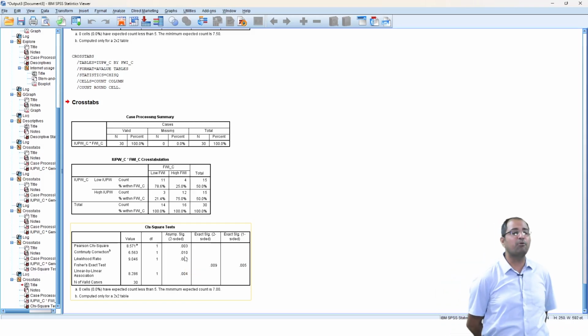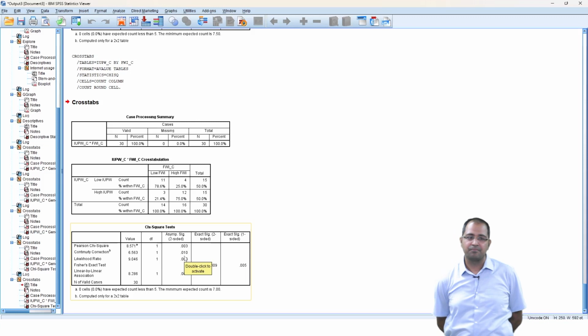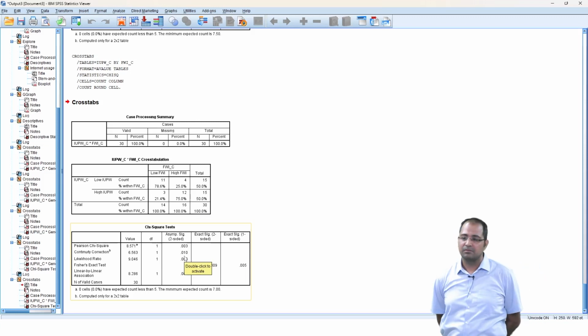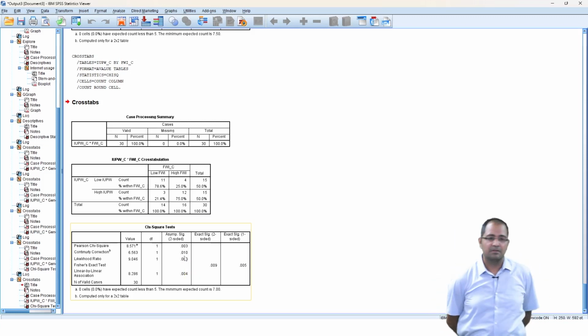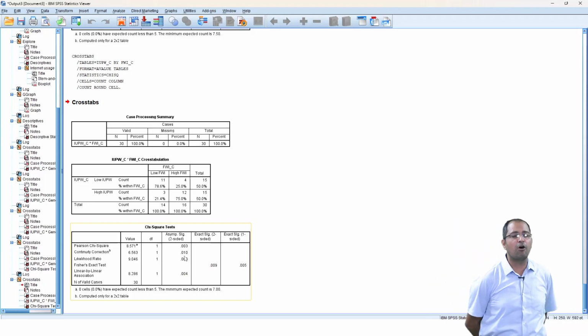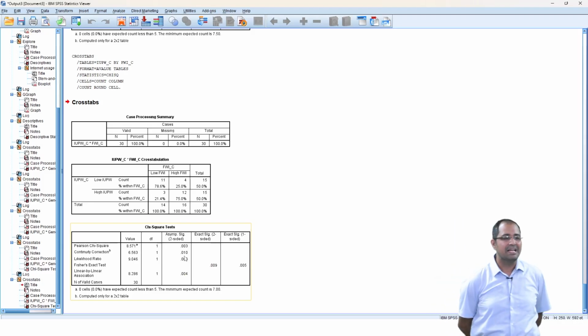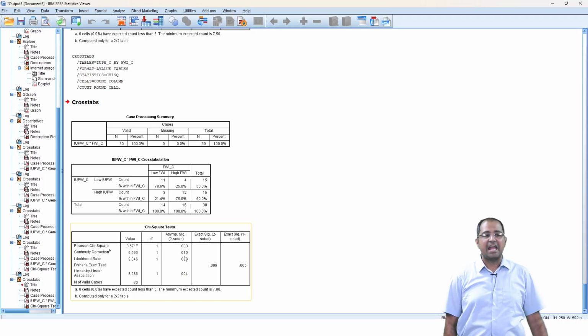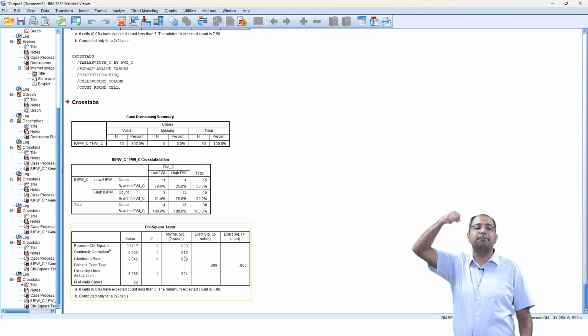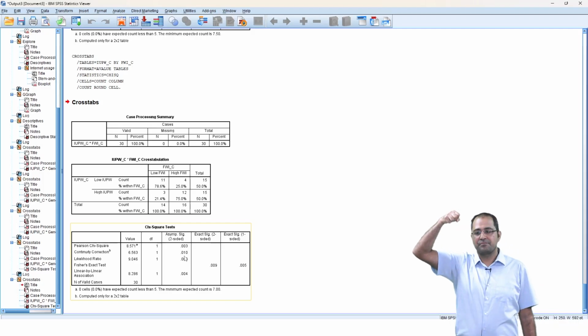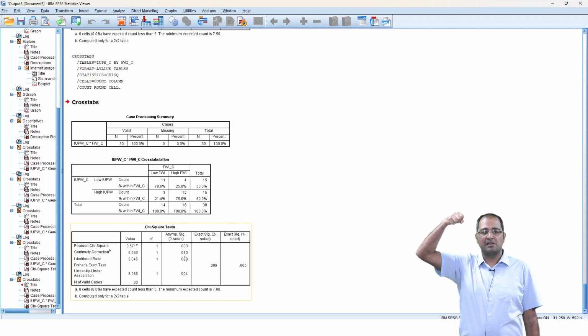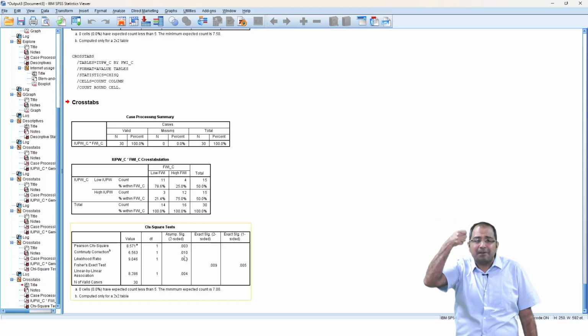If it is less than 0.05, which means the probability is so small for obtaining such a sample, which means if in the original population there is no association and then I obtained this sample, it is only 1% chance.